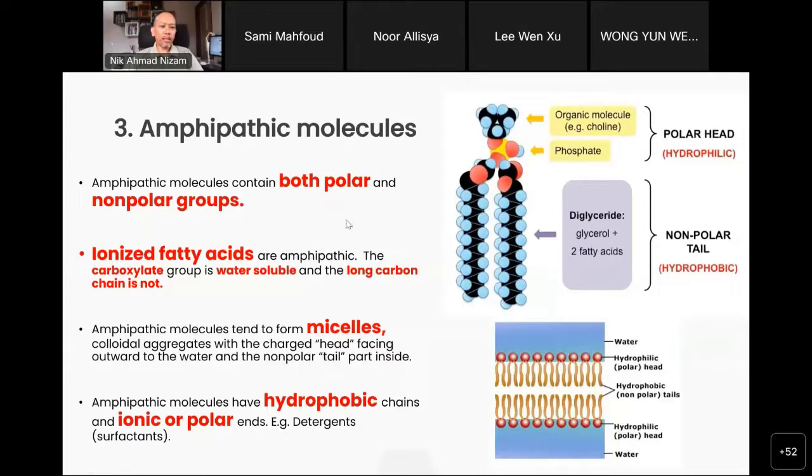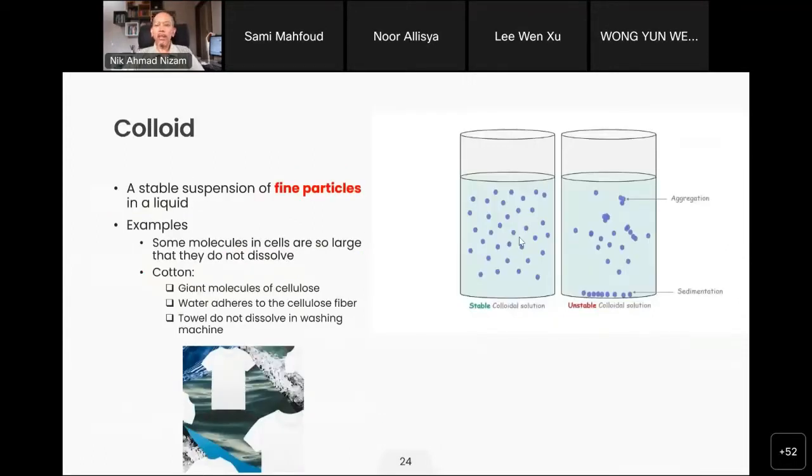Okay, one example is the research that I'm doing now, which is silver nanoparticle. Silver, like what you use for your ring or necklace, that is silver. Silver can be in the form of nanoparticle.